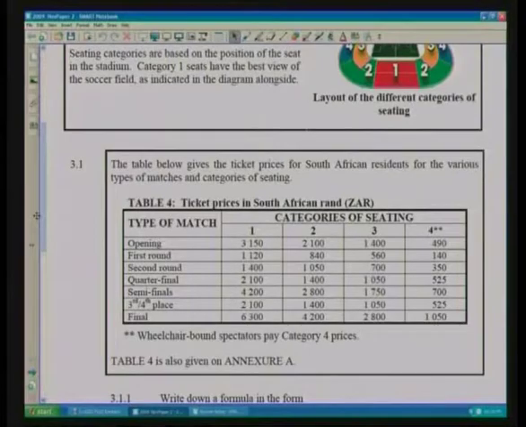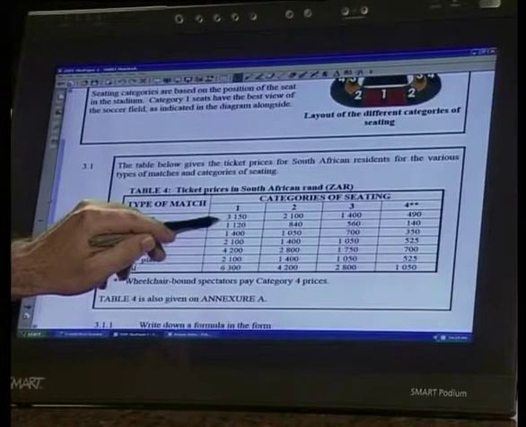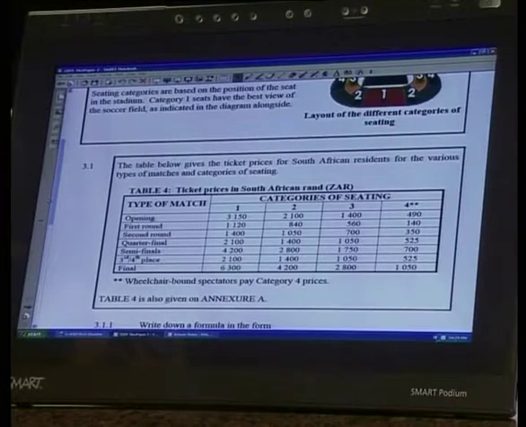So we've got the opening category and its prices, the first round matches and its prices, second round and its prices, and so on right through to the final. If you remember, the question said that we're only going to be interested in first round and second round matches for this stadium. So we'll only be looking at the 2 columns or rows over here for the first round and for the second round.